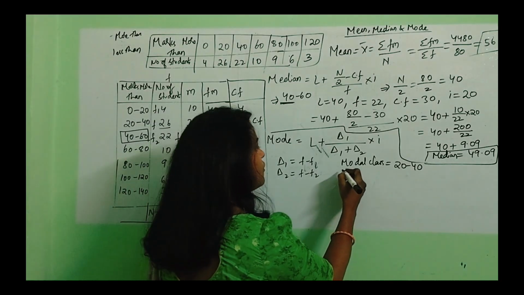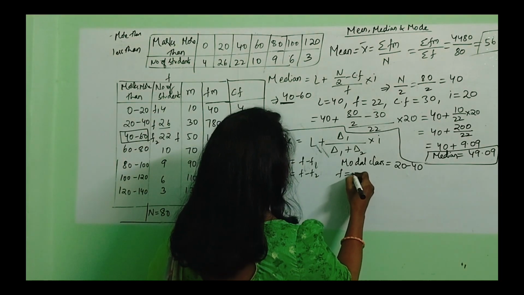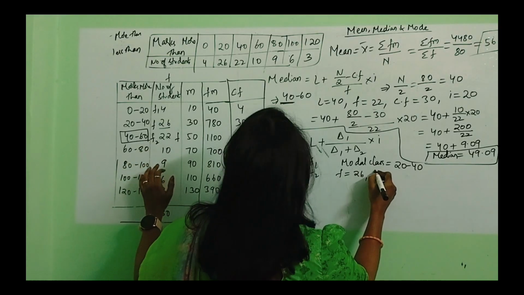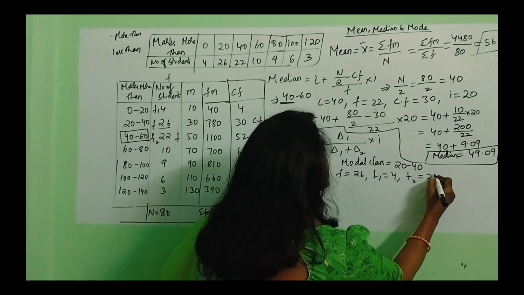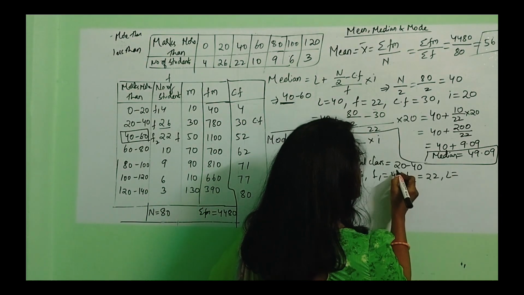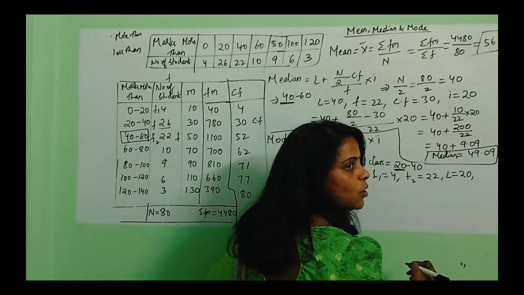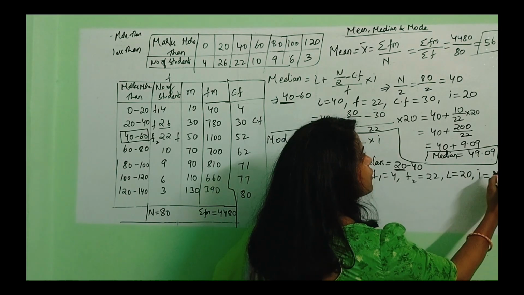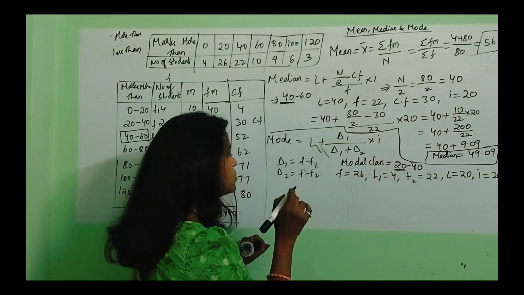So we have F, F1 and F2 values. Write down here. F equals 26, F1 equals 4, F2 equals 22. Then what is L value here? The lower limit of the modal class, that is 20. Then what is I? I we already know, that is 20.